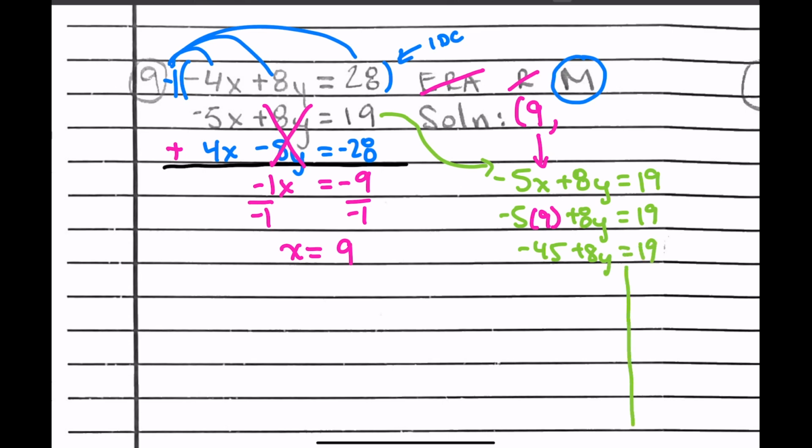Now I can solve by adding 45 on both sides, which gives me 8y equals 64. I almost said 54. 64. Divide that 8 away, and we get y equals 8. This is one of those perfect square situations. So that's my final answer, 9, 8.